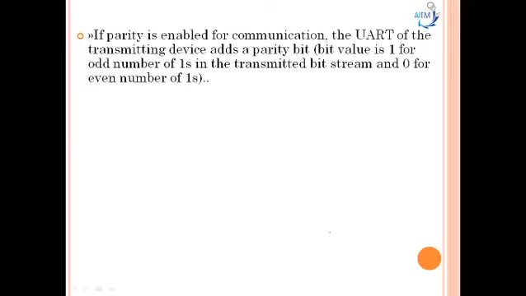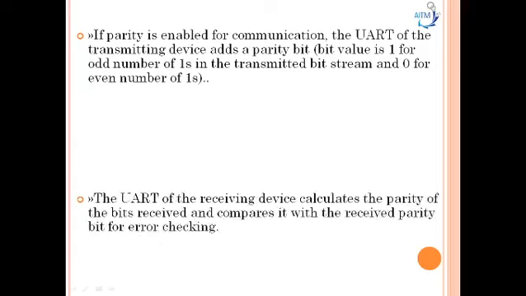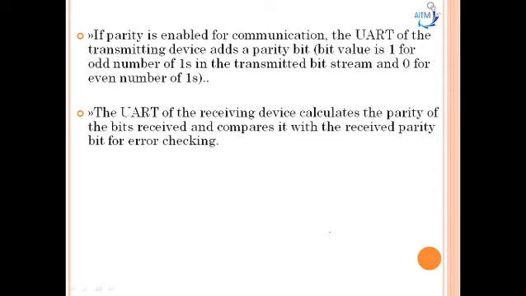So if parity is enabled for communication in UART, the UART of a receiving device calculates the parity of the bits received and compares it with the received parity bit for error checking here. So whatever data the receiving device has received, it compares with the received parity bit for error checking here.